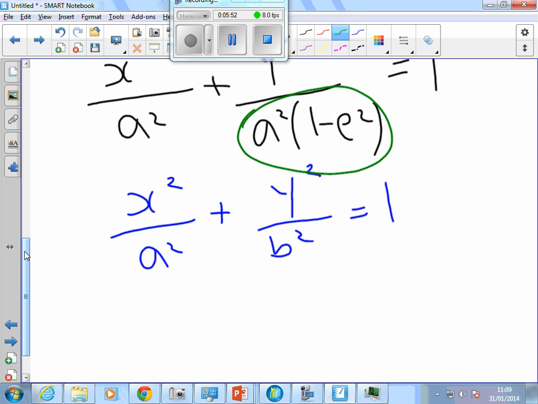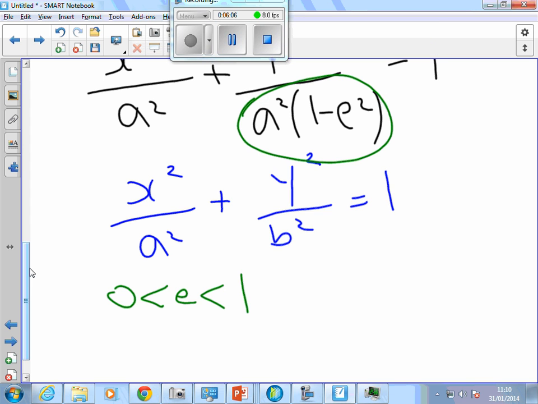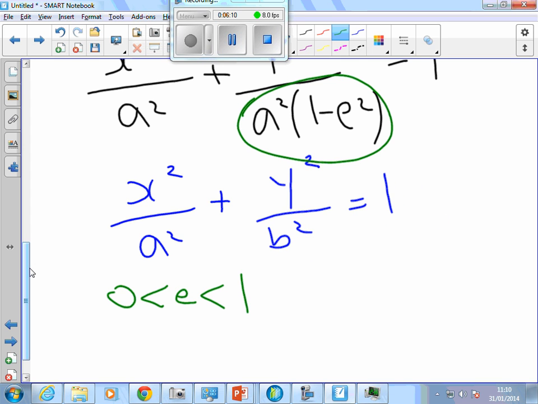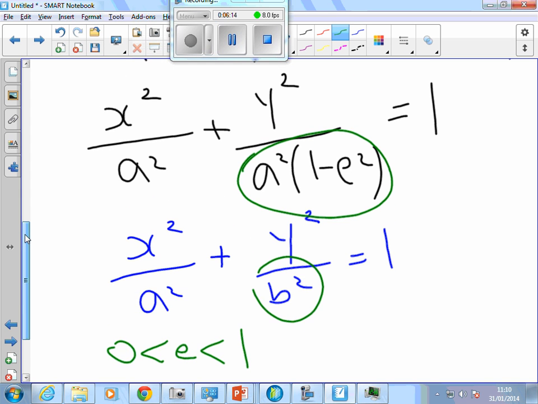In other words, if e is between 0 and 1, and we can see that b squared corresponds to that expression, a squared bracket 1 minus e squared.